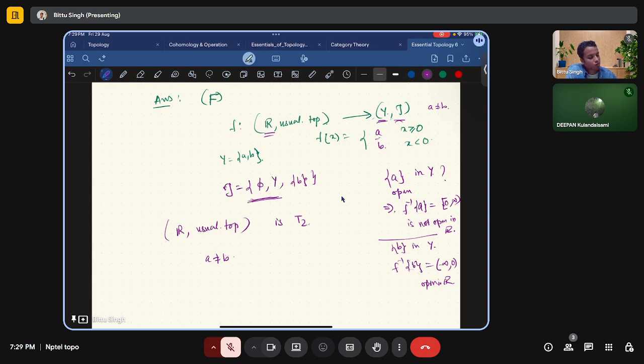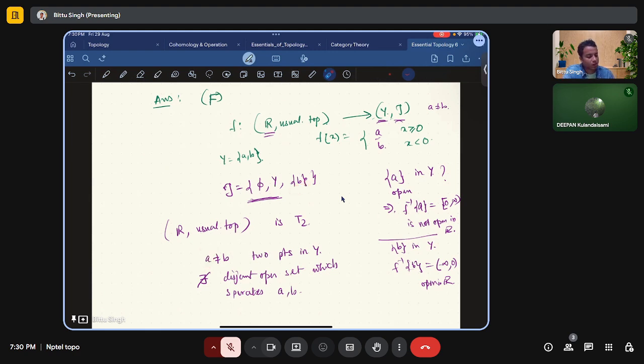So A not equal to B are two points in Y, but there do not exist disjoint open sets which separate A comma B. The only non-trivial open set is B, so you cannot expect A also belongs to this B. There is no other open set.